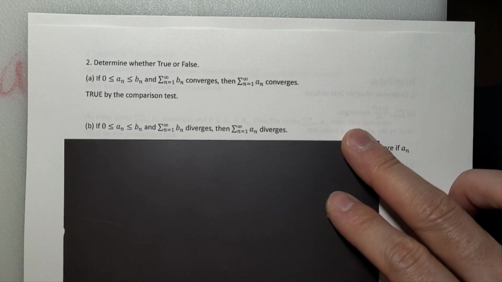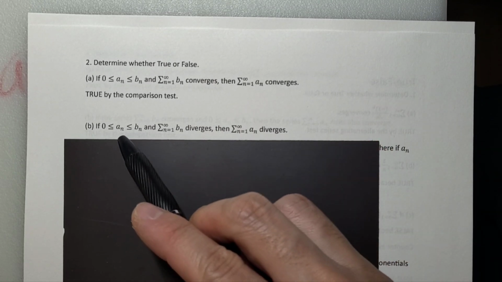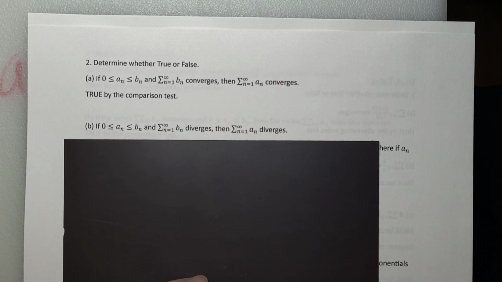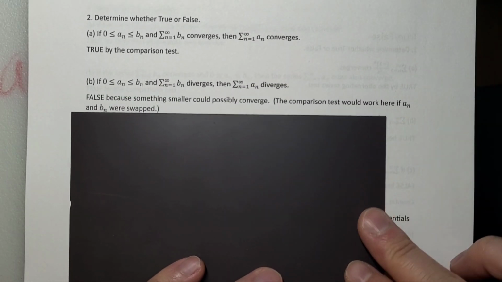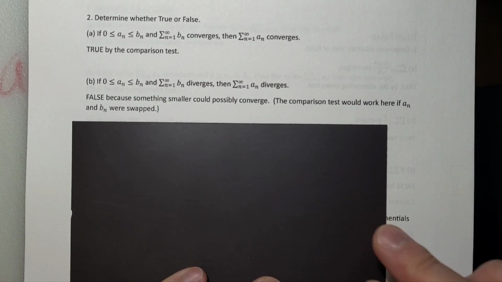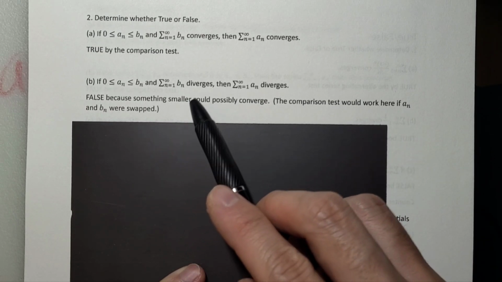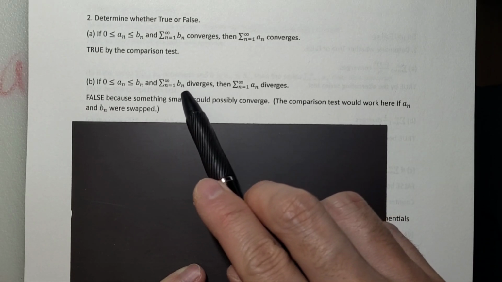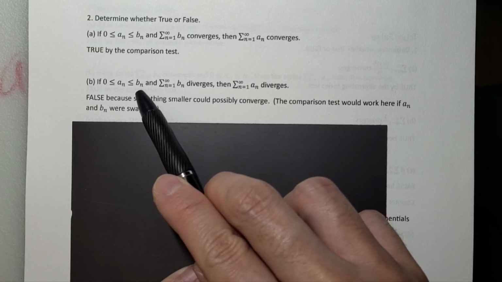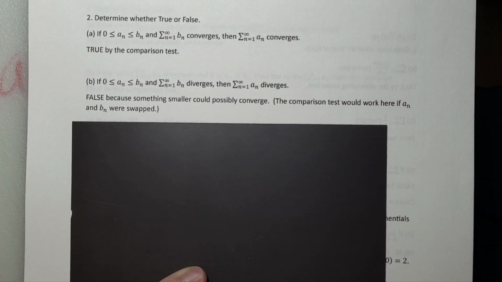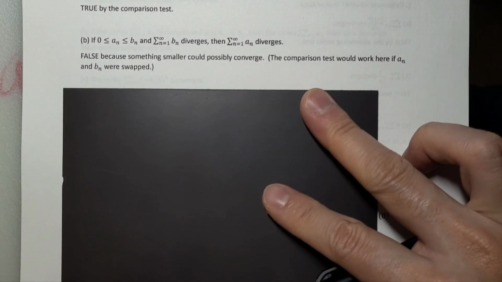It could diverge, but we don't know. As I said, something smaller could possibly converge. I even said the comparison test would work here if a sub n and b sub n were swapped, in that if we know that a sub n diverges, since b sub n is even bigger, then it must diverge as well.